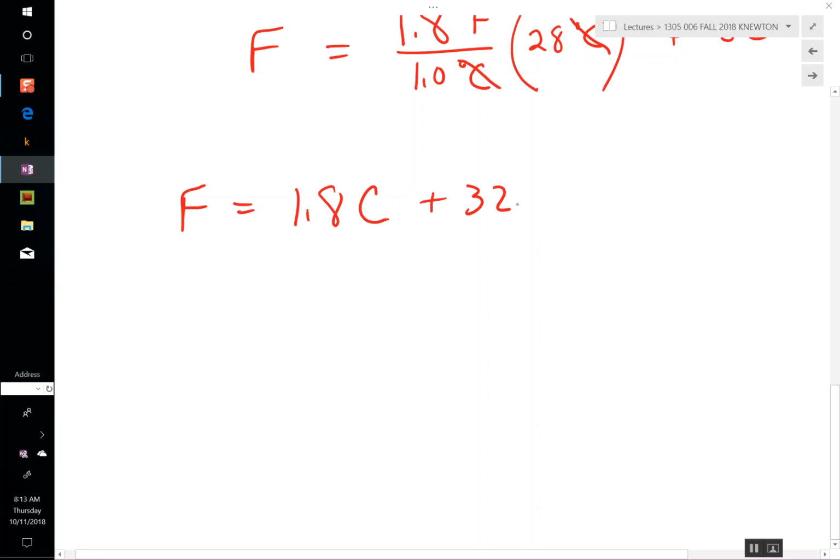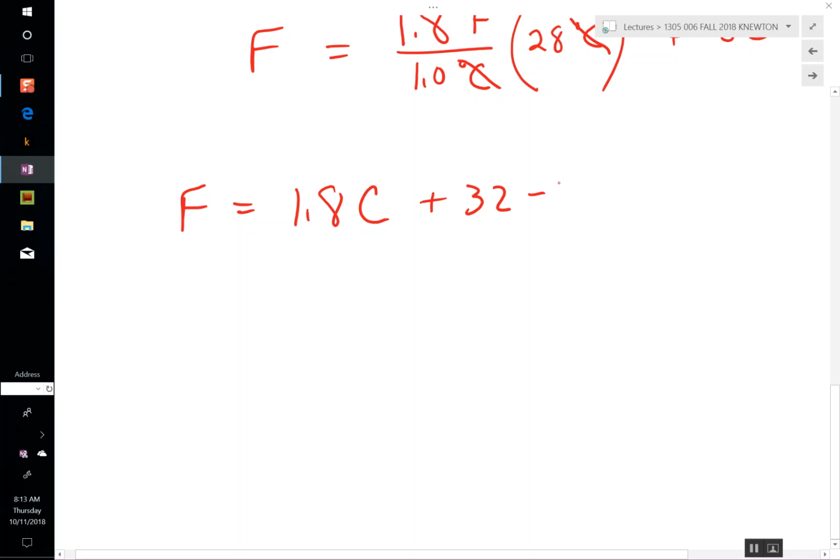If you have an equation, you can do anything you want to it as long as you do the same thing to the other side, and it'll stay equal.